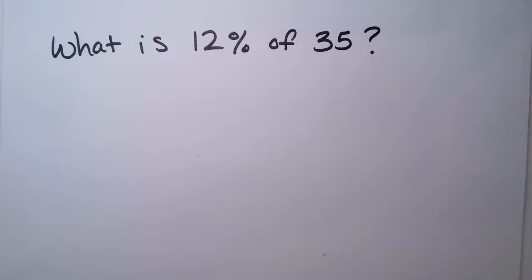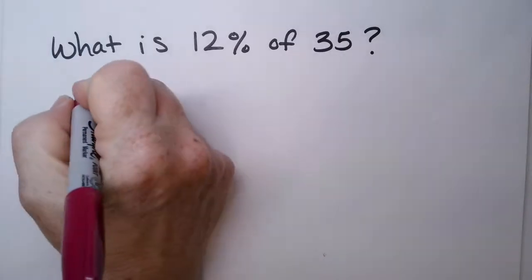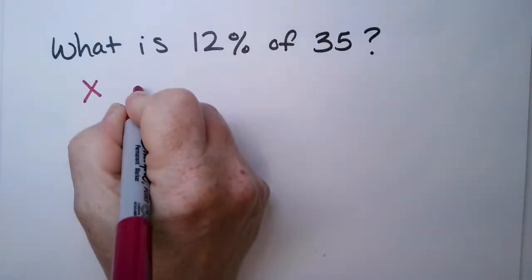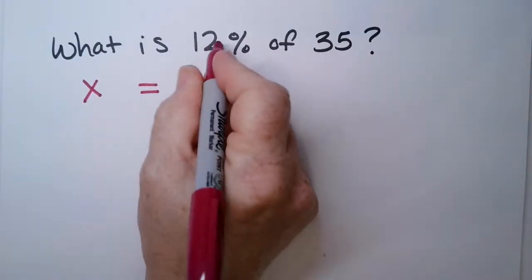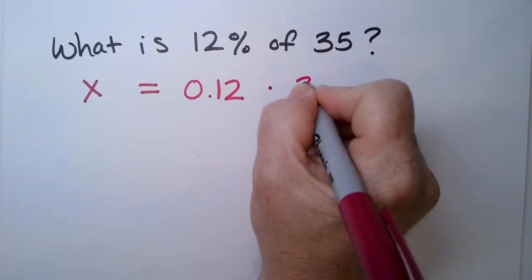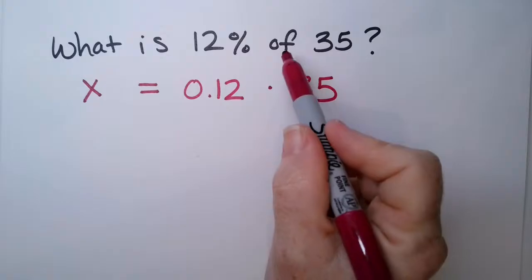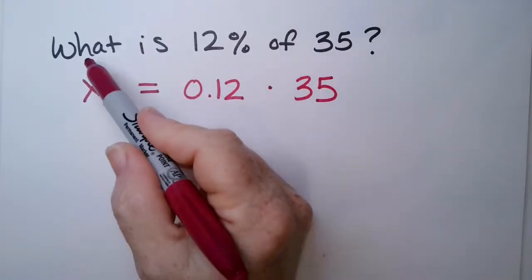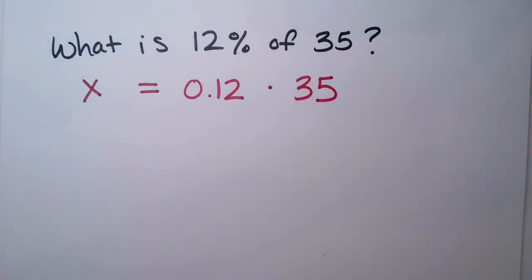So what do you get for this one? Yeah, you can use a calculator, that's fine. I want to see what you write down though for translating it. Do that first. What is, I'm going to write this as a decimal, of 35. Okay, so of is multiply, is equals, what is the thing we don't know?